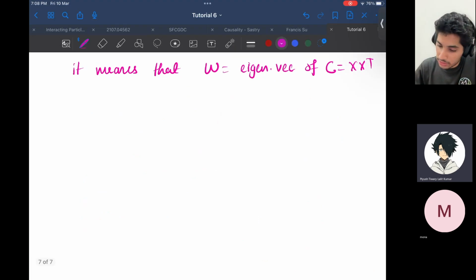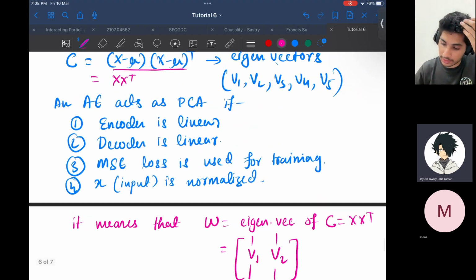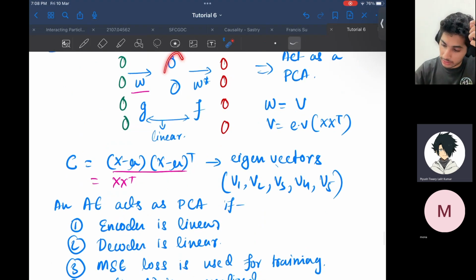So V will have V1 as the first column and V2 as the second column. That's all. This will be some n cross 2 matrix. Only then will it give you a two-dimensional hidden layer, which is here.